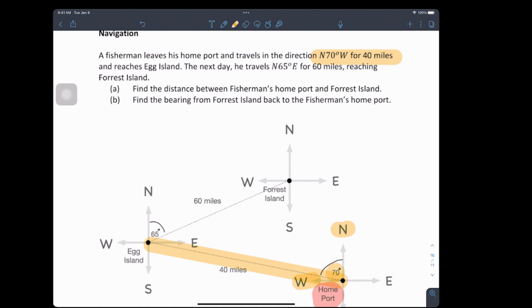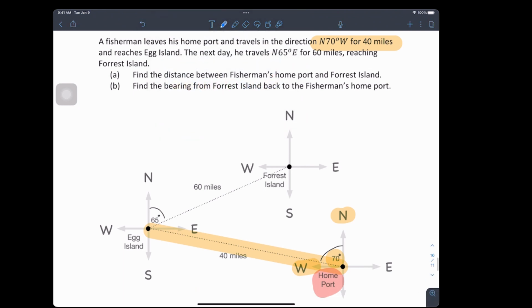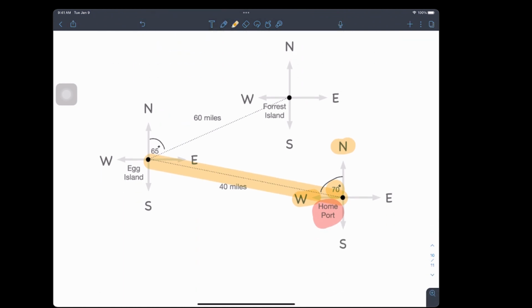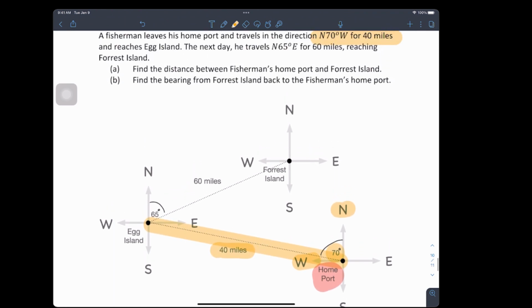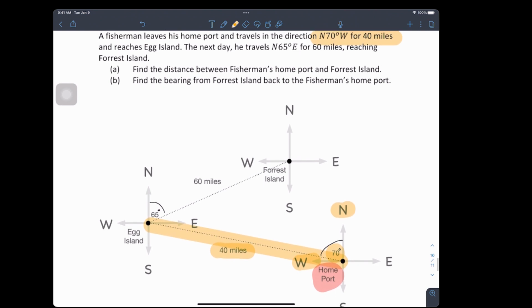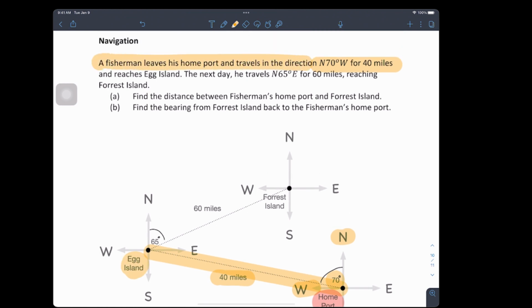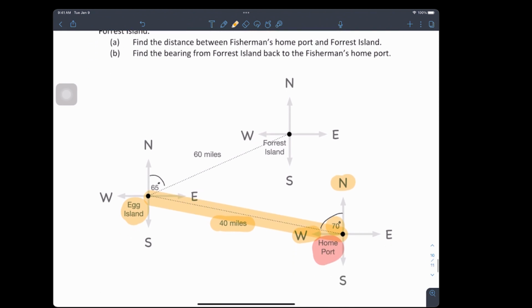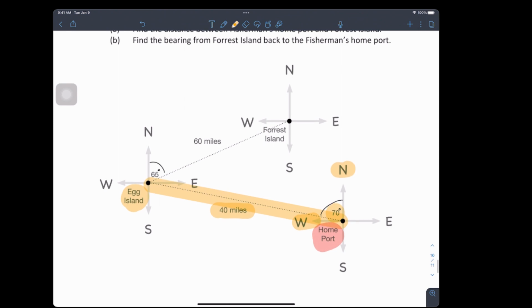That measures 40. There you go. And reaches a location called Egg Island. You go, okay, where's Egg Island? This is what they're talking about. So all of that here is referring to that first sentence. Does that make any sense to you guys as you read that first part?